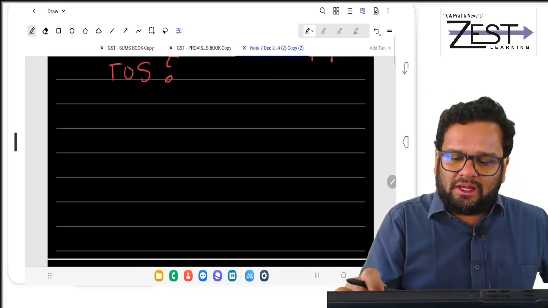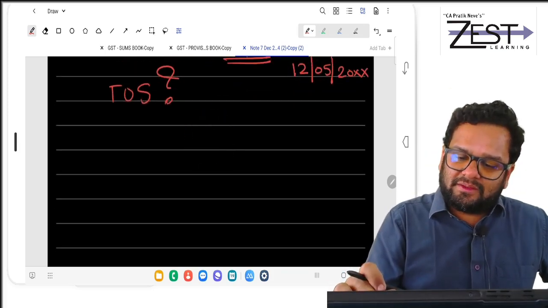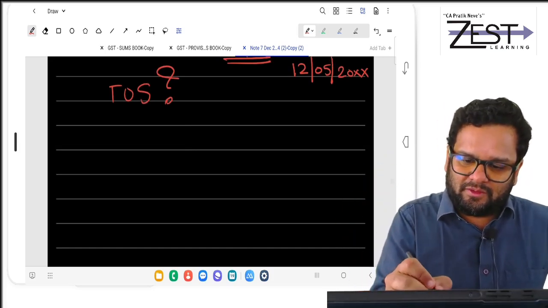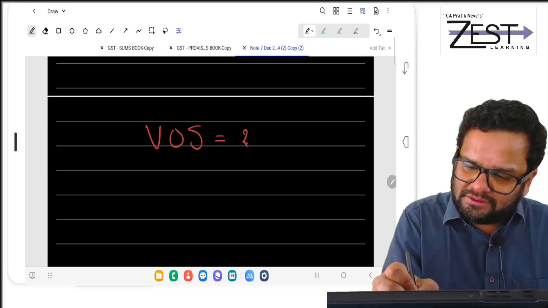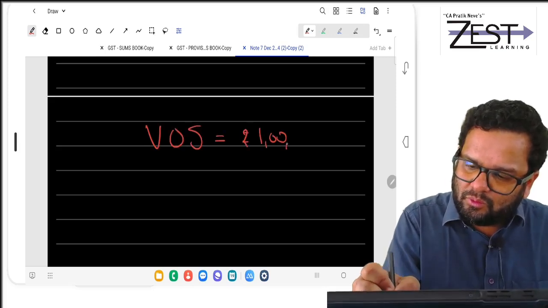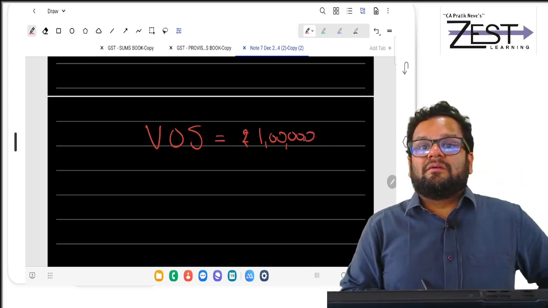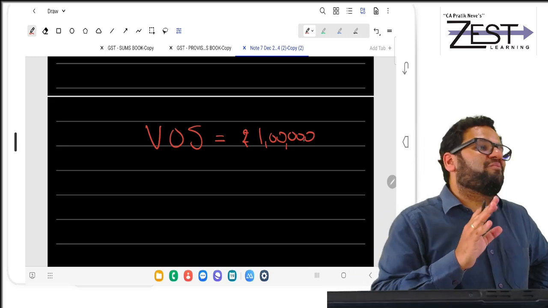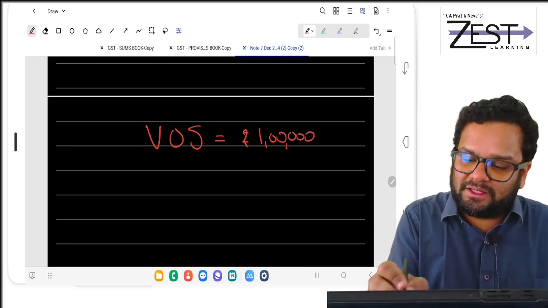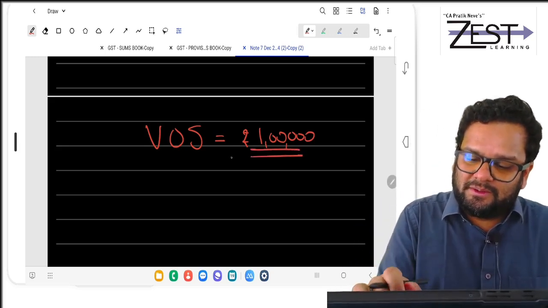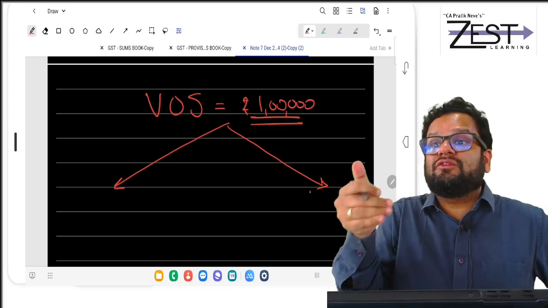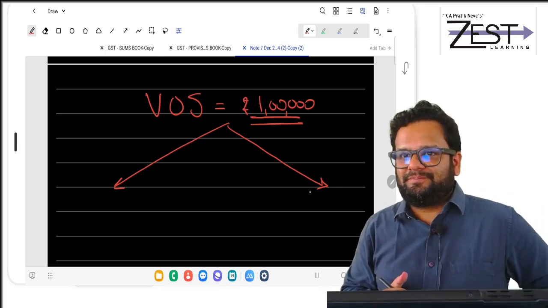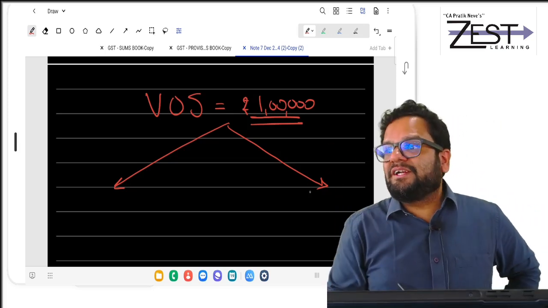So total VOS means value of supply is 1 lakh, but there is no single time of supply. There are two time of supply. Why there are two time of supply? Because there are two different dates of receipt of payment. What are two different dates of receipt of payment?